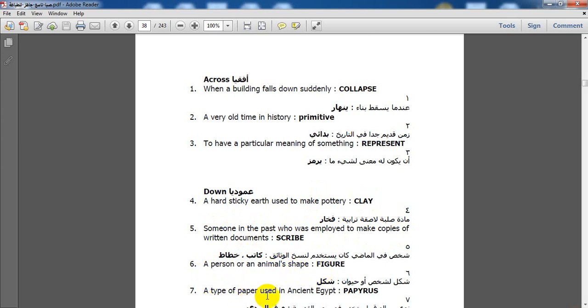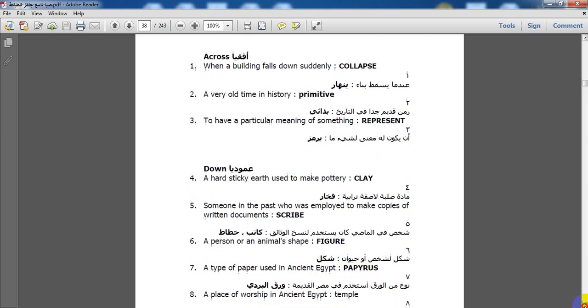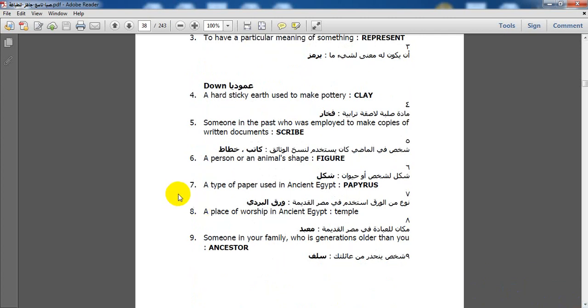A type of paper used in ancient Egypt, papyrus. A place of worship in ancient Egypt, temple. Someone in your family who is generations older than you, ancestor.